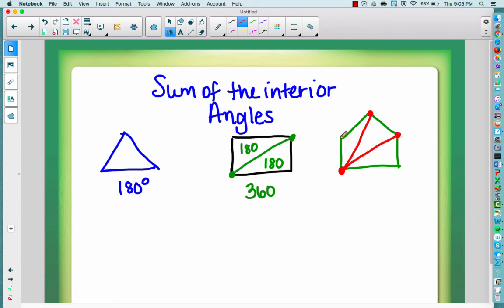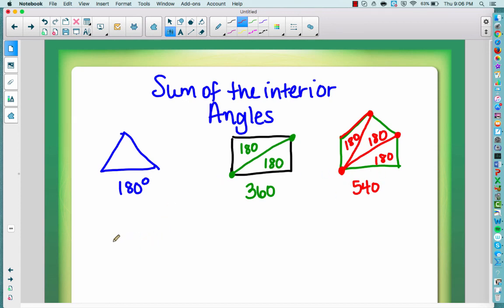So how many triangles do I have? All right, so I think you see three. So I've got 180, 180, and 180. Okay, and so 180 times 3 works out to be 540 degrees. A pentagon, the sum of its interior angles, 540 degrees.